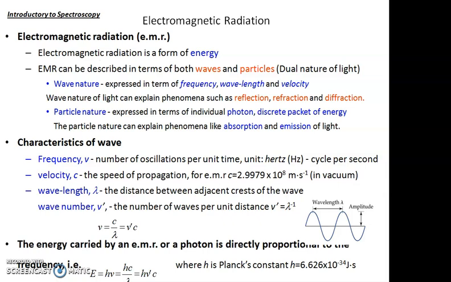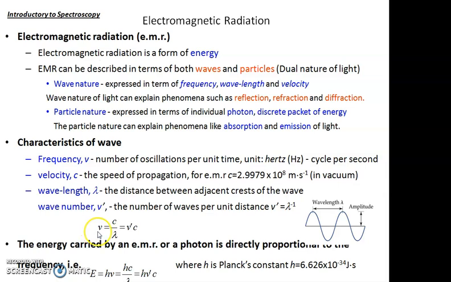When we study absorption or emission of light, we concentrate on the particle nature of light. Here we have photons, which are packets of energy. We consider every light wave and light particle as having a particular packet of energy. The properties we have to know regarding electromagnetic radiation are frequency, velocity, wavelength and wave number.